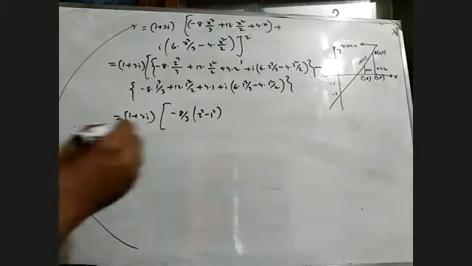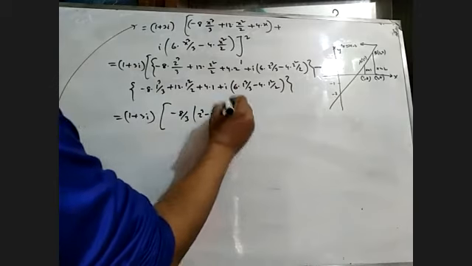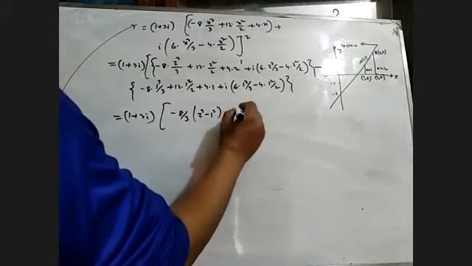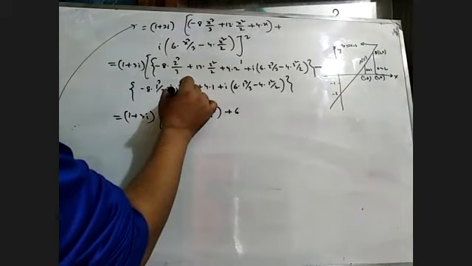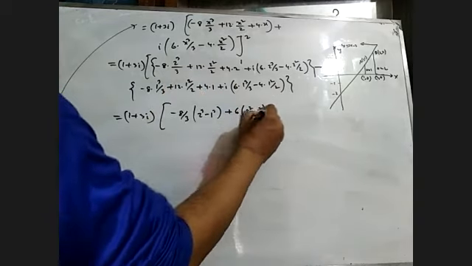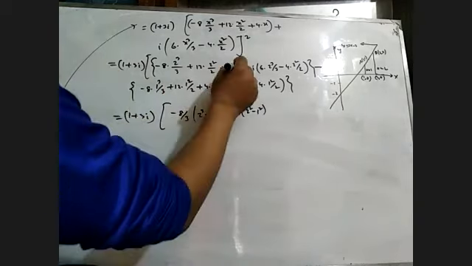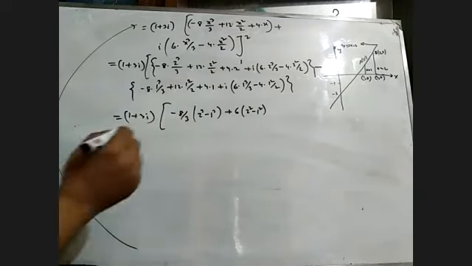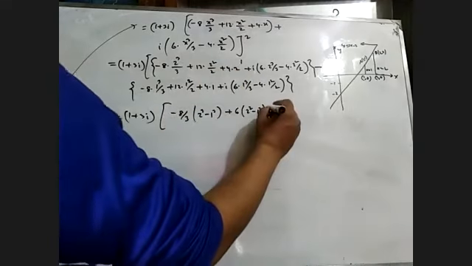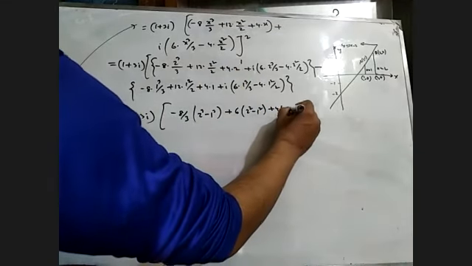Just common. Similarly, 12 by 2 means what? 6. So here 6 common, we get 2 square minus 1 square. Similarly, 8 minus 4, what will be? Here 4 common, 2 minus 1.